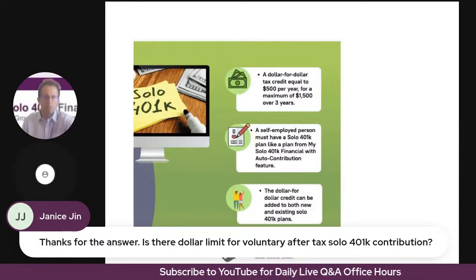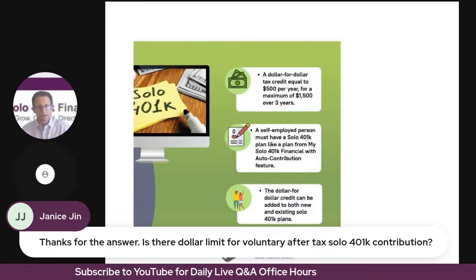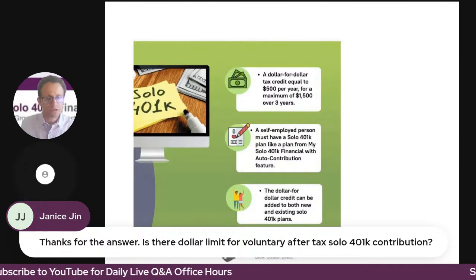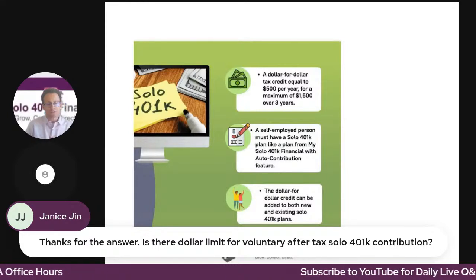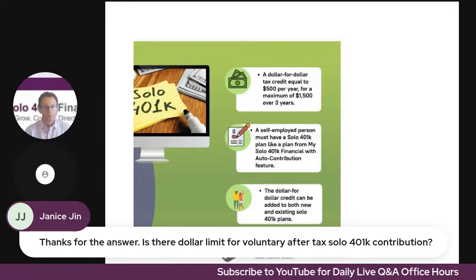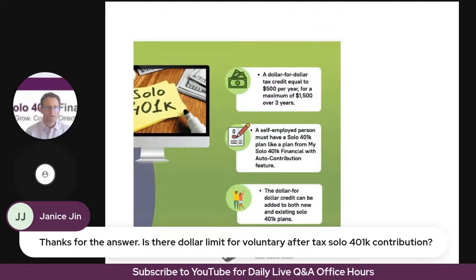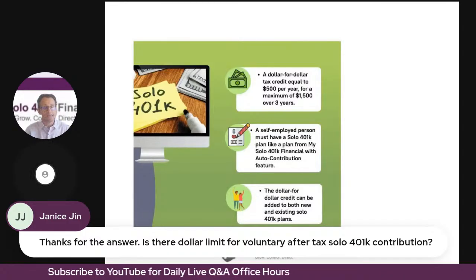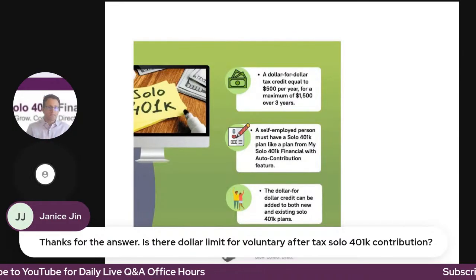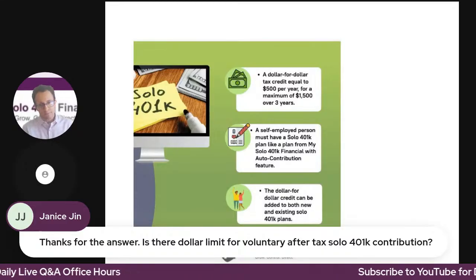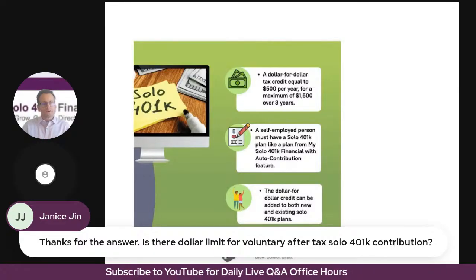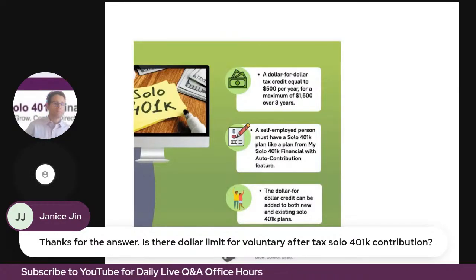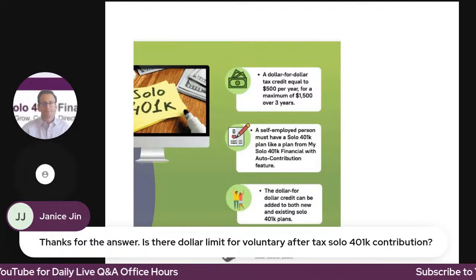Here at My Solo 401k Financial, we started drafting our plans with that auto contribution credit back in January 1st, 2024 and after. So we'll draft those documents with that auto contribution credit built into it. If you're an existing client, we can add that auto contribution credit to your plan if you don't have it already. And if you open the plan with My Solo 401k Financial prior to December 31st of 2023, then your plan can be updated to add that auto contribution credit.